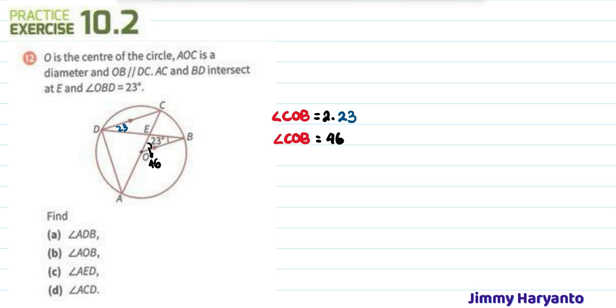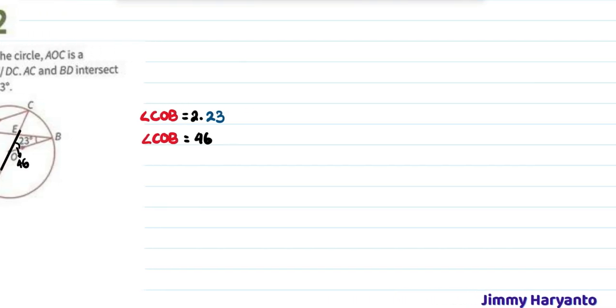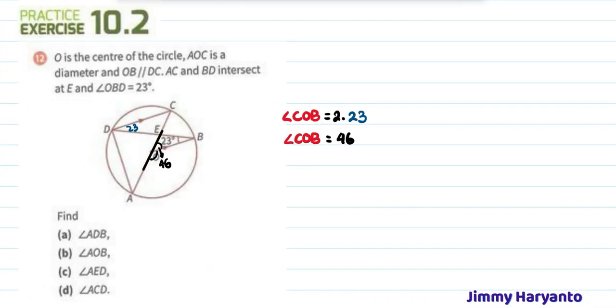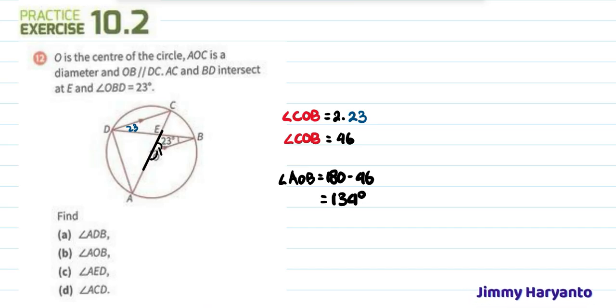The question wants you to find ADB. First is ADB. I will use this straight line to find the AOB. So AOB equals 180 minus 46 equals 134. So this one is 134.